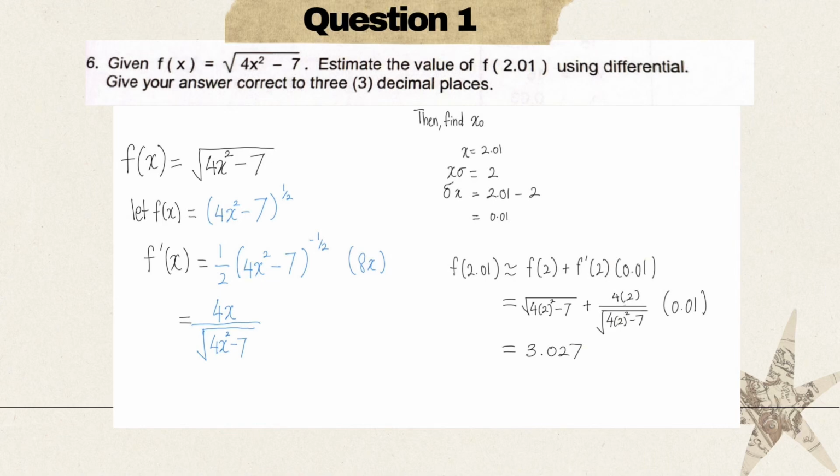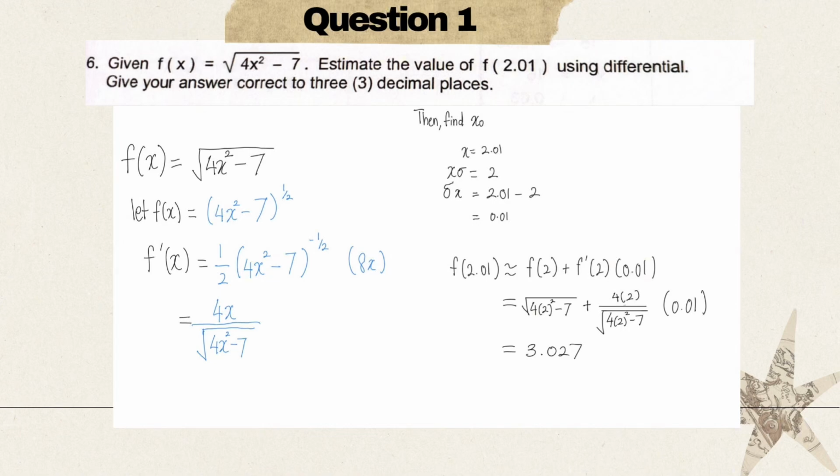Applying the chain rule, we bring down the power, keep the inside the same, decrease the power by 1, and multiply by the derivative of the inside, which is 8x. Simplifying this gives us our derivative f prime of x equals 4x over square root of 4x squared minus 7.